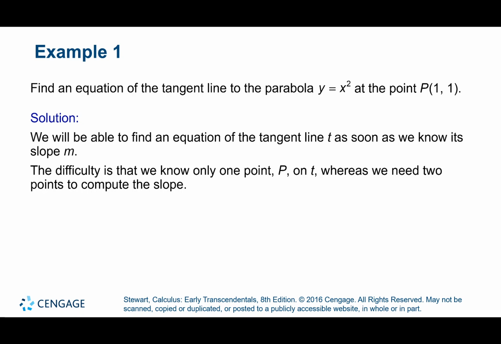Once we find slope, we can plug that into our point-slope form for the equation of the line. The problem is that we only know one point on our tangent line. When you've seen stuff like this in algebra class before, you may have had a straight line equation, or maybe you figure out another point some way. We don't have that luxury. So let's see. I've got the graph here. Let's see how this works.